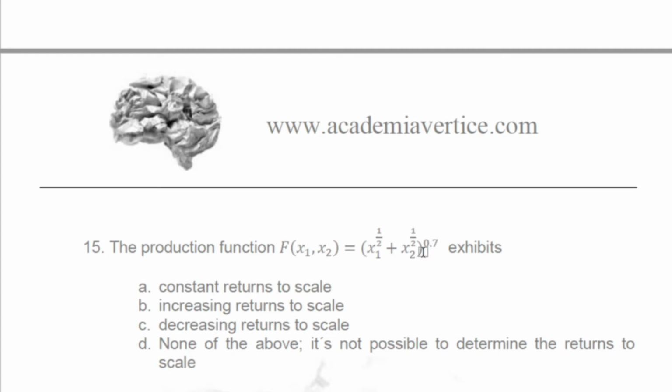When we elevate one exponent to another, for example x to the 4, all that elevated to 2 is 4 times 2. Yes, we multiply the exponents. So 0.5 times 0.7 is 0.35, and as it is lower than 1, we have decreasing returns to scale.